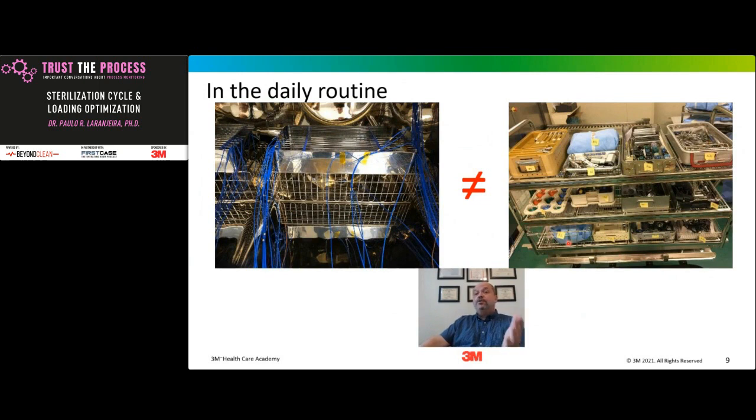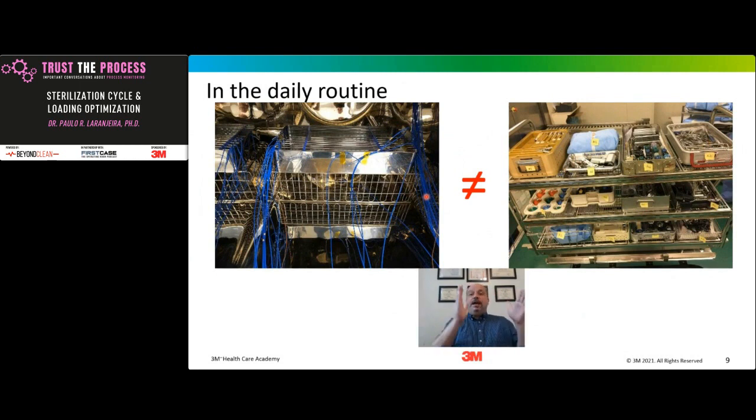So there are going to be differences, and you need to know those differences, and you need to take action to make sure you can deliver those two requirements: sterilized and dry. And the manufacturers cannot, in their IFU, foresee everything that you do in your hospital.